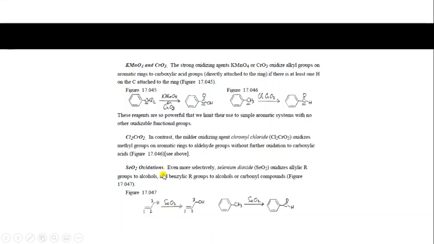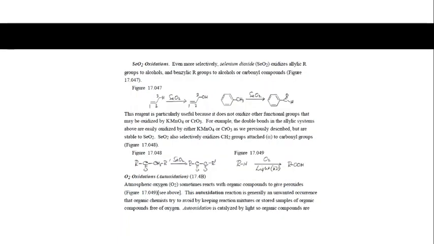Similarly, if we react the benzylic group, it can also be taken to the carboxylic stage. So this is called the selective oxidation of selenium oxide. You can see that if such kinds of ketones are subjected to oxidation with selenium oxide, they change into the carbonyl group.